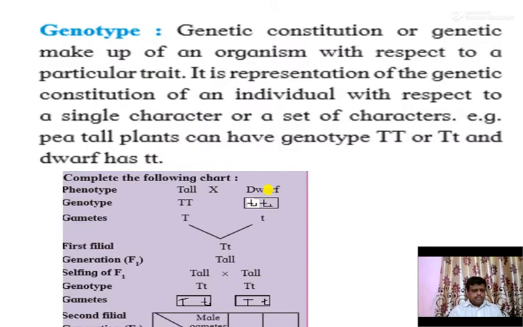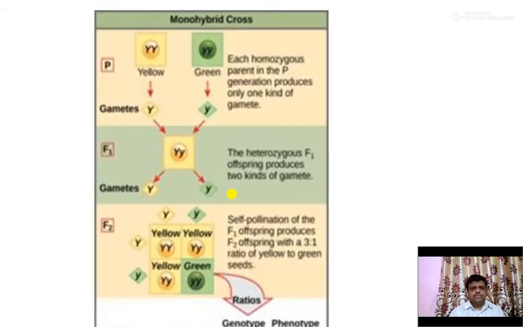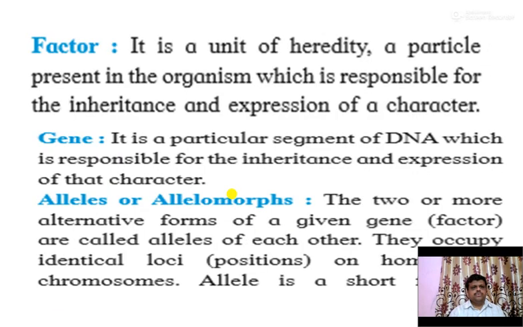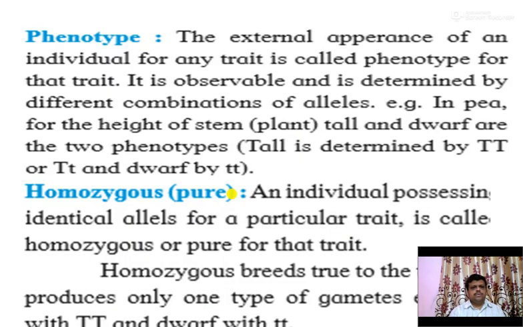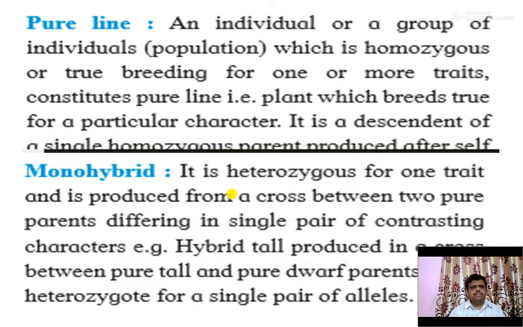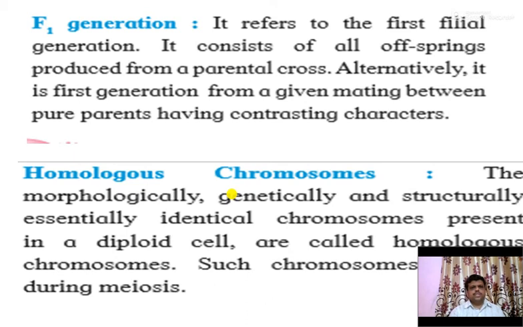Let us see one more thing, that is homologous chromosomes. Homologous chromosomes are morphologically and structurally similar chromosomes present in a diploid cell.